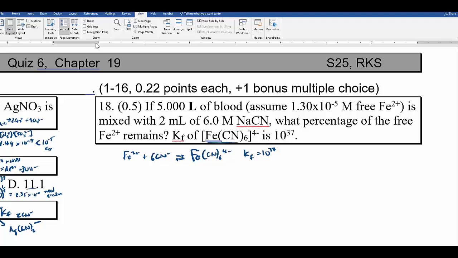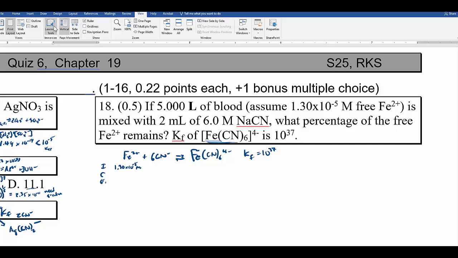All right. So we'll just set up an ICE table here. Assume we have 1.30 times 10 minus 5 free iron, 1.30 times 10 minus 5 here initially. And then 2 milliliters of 6 molar. Oh, we'll have to do a dilution here.